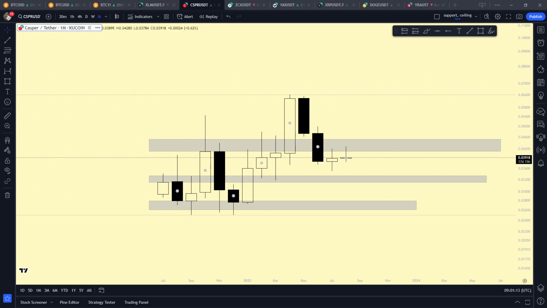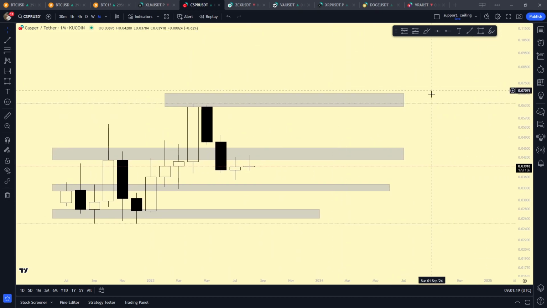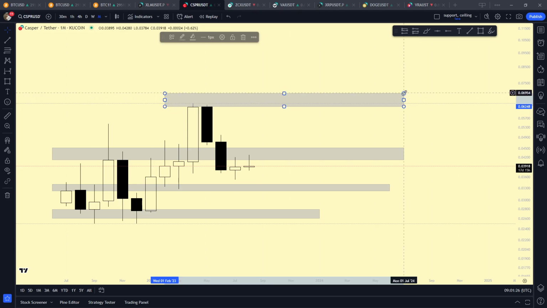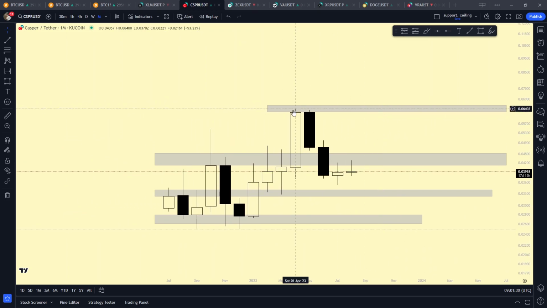All right, then we have a big resistance. Where is the resistance? Right here at 6.3 to 6.9, I believe. Let's make it 6.5, because the wicks didn't really go above this level, so we do not really know. But we know this is a very big resistance zone.